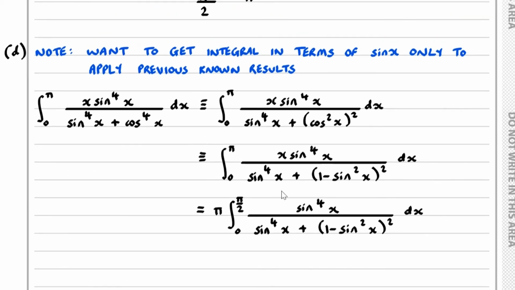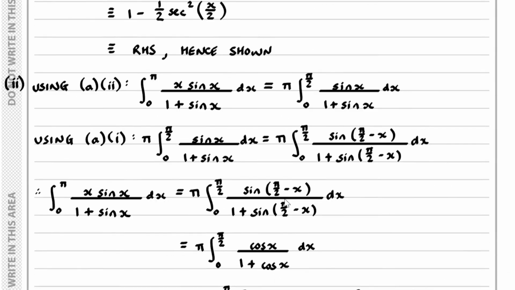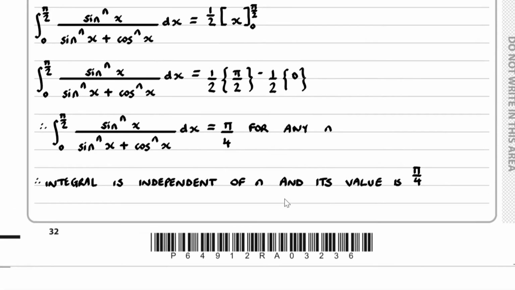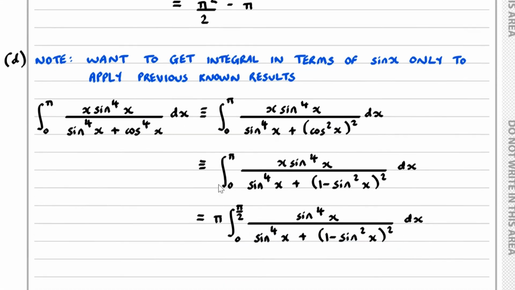And now, if we think about what we showed previously over here, if I have sin x to the n over sin x to the n plus cos x to the n with respect to x between 0 and pi over 2, I know the result is pi over 4 for any value of n.